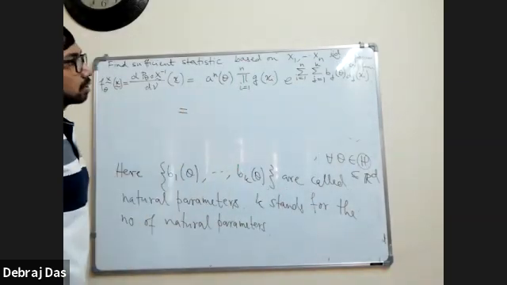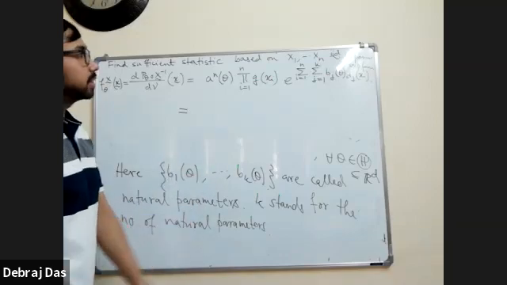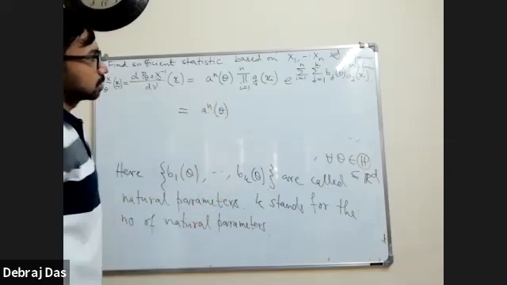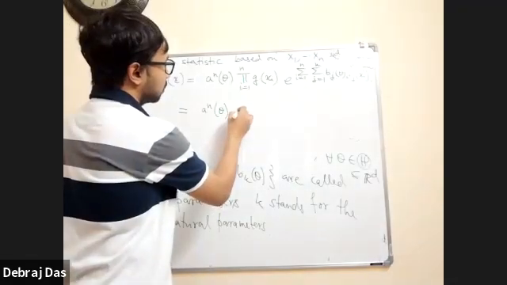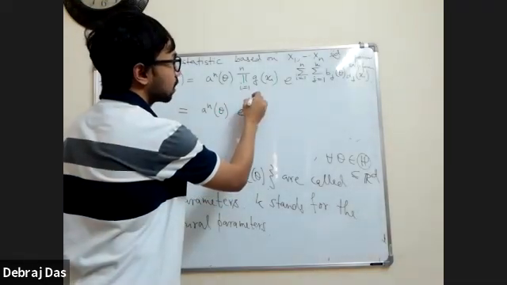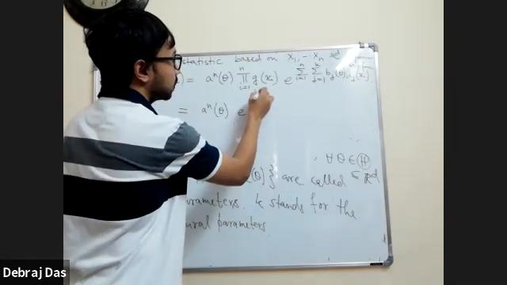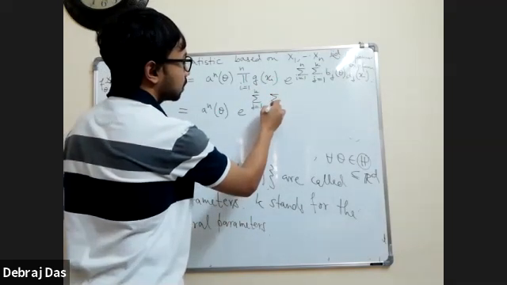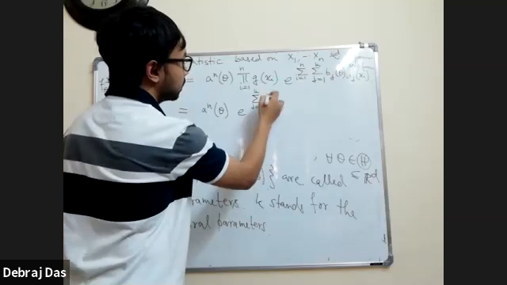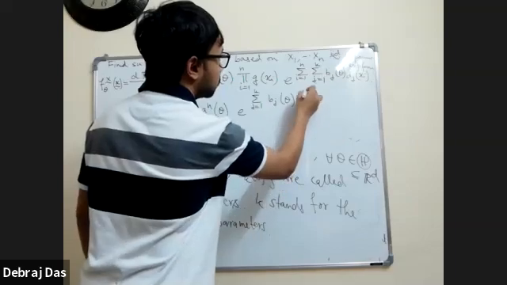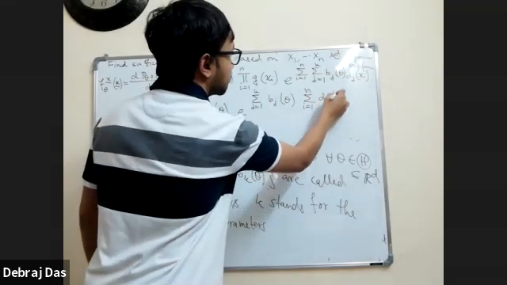So now you need to write it in the form of g theta of x multiplied by h of x, right? So g theta into e to the power of sum of j equal to 1 to k, b j theta, sum of i equal to 1 to n, d j of xi.